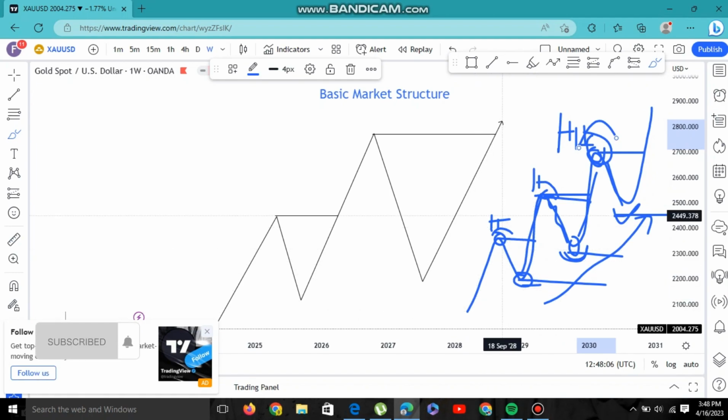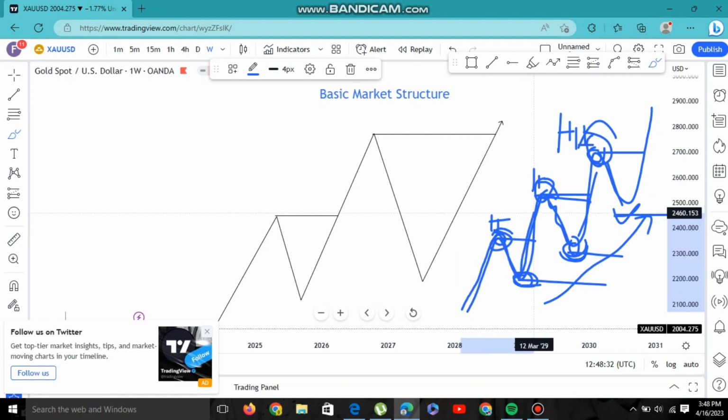But for you to understand market structure very well, we need these structure points. You need to understand which move brought in the structure point here, and which move brought in this structure point here, and which move brought in this one here, and which one brought in this one here. So in simple terms, for those people who know how trends move, we always have this impulsive move that gives us a pullback, followed by an impulsive move, pullback, impulsive move, pullback, impulsive move.